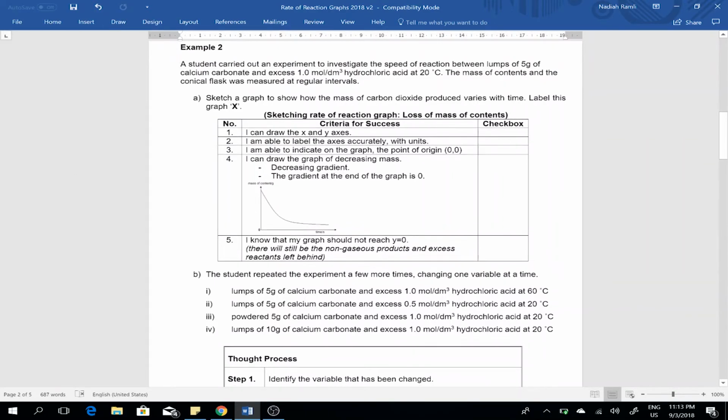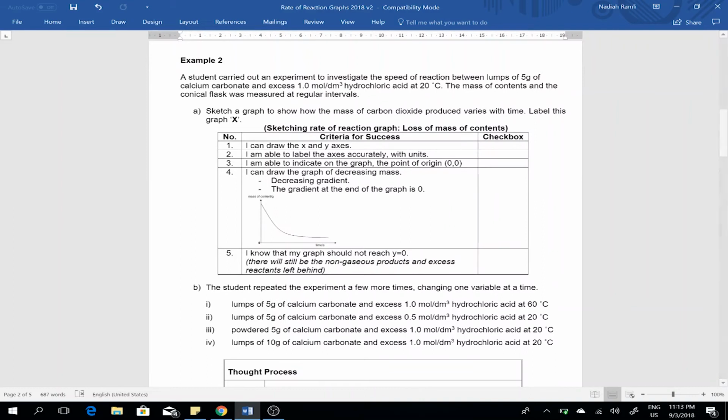Okay, so now let's look. Lumps is the same. 5 grams is the same. Calcium carbonate, excess is the same, 1.0 mole per dm cube is the same, hydrochloric acid at 60 degrees Celsius. So this is where it's different. It's a higher temperature.